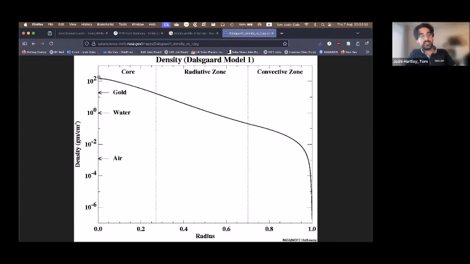And so in the core, it's up here at about 1,000 grams per centimeter cubed, more dense than gold. It falls off pretty steadily throughout most of the interior of the sun. It drops below gold, below water, and then you've got this region at the very surface of the sun where it drops off very sharply.